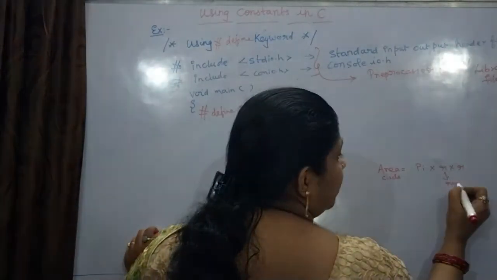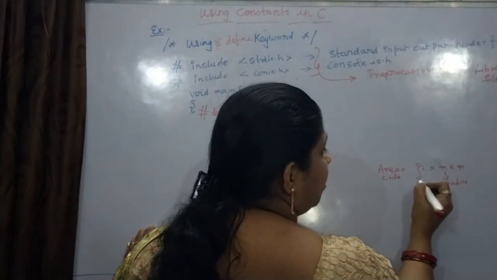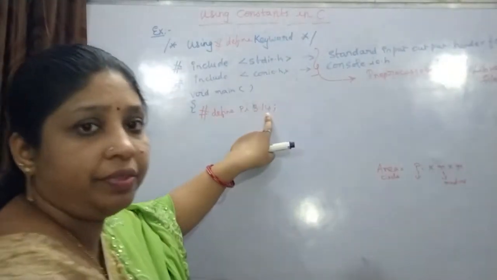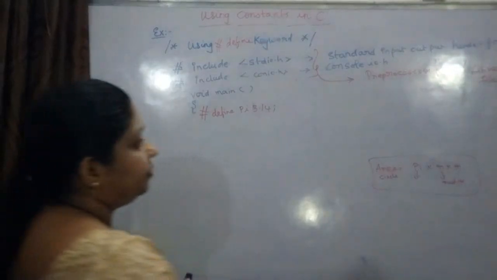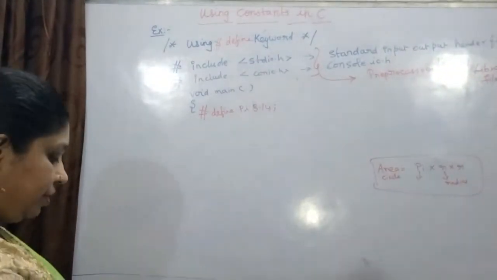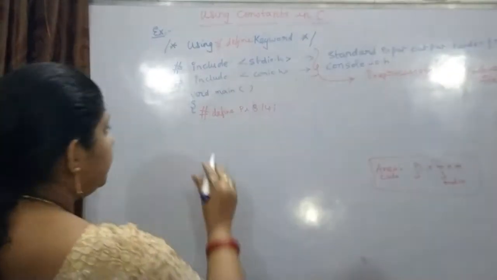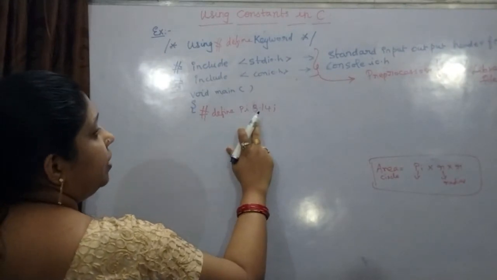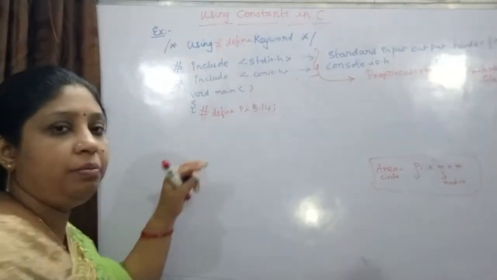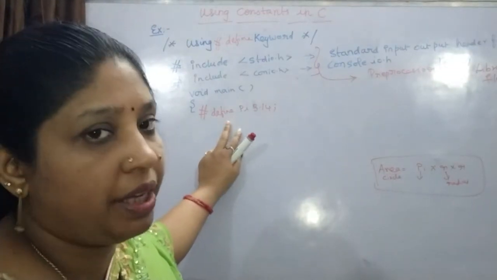Pi we have already declared here, right? So this is the formula I am using. Did you understand? Hash define pi 3.14. So I am declaring one constant pi here.